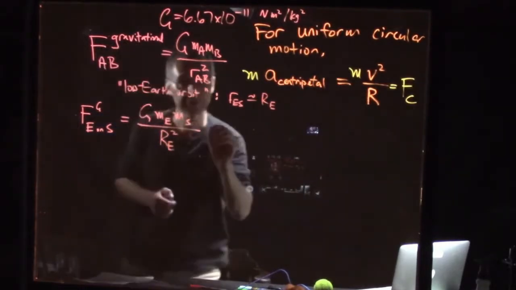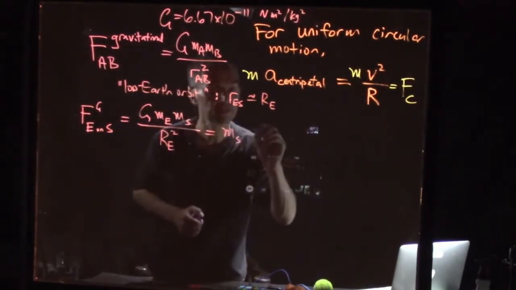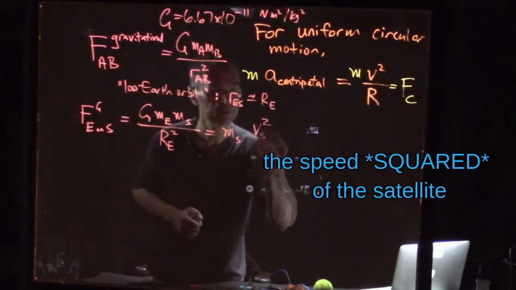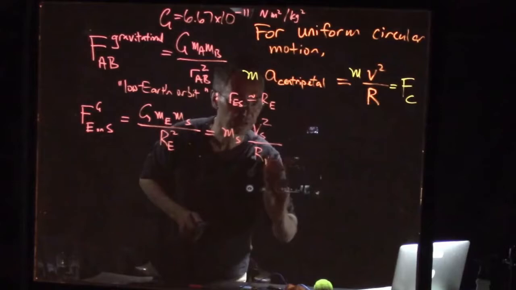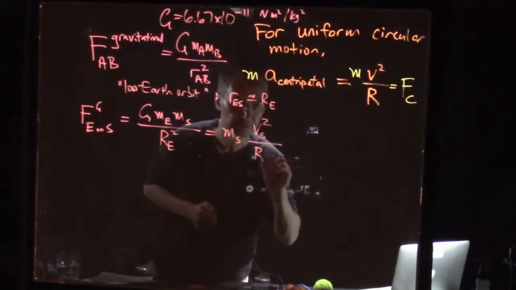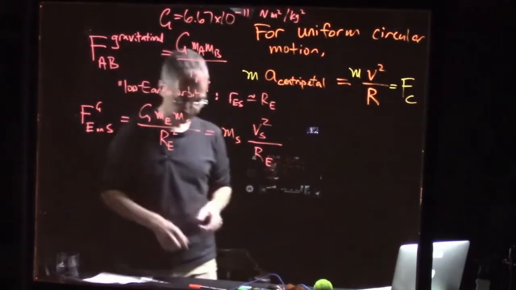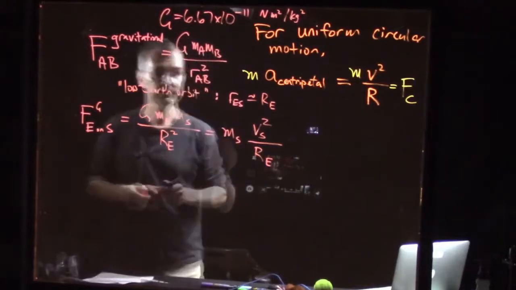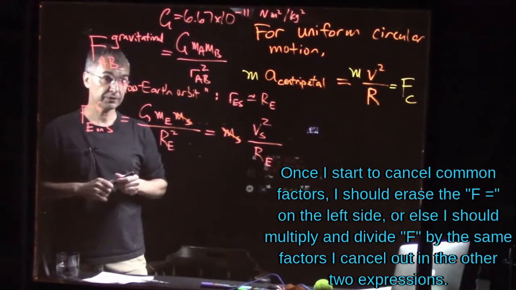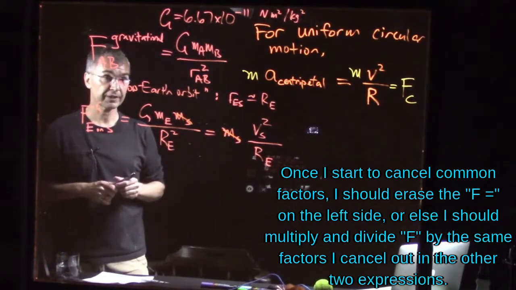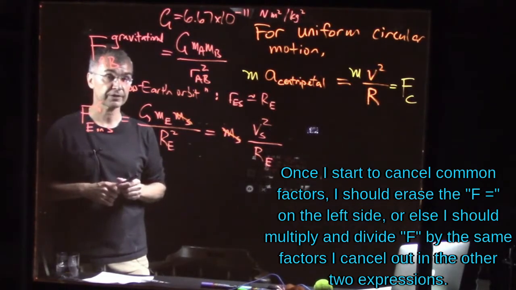And that equals the mass of the satellite times the speed of the satellite squared divided by, and again, the radius of this orbit is Earth's radius because we're saying it's just maybe a few miles above Earth's surface. So now you can notice that the satellite mass cancels out, and we could get one power of Earth's radius to cancel out.